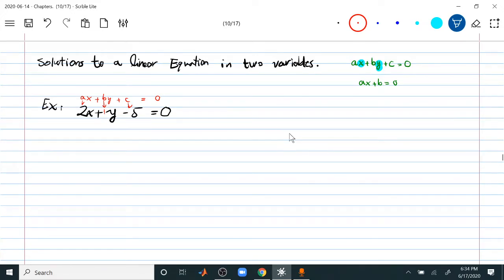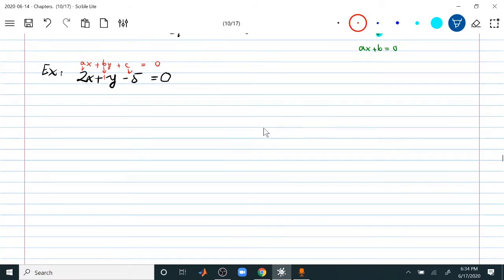Now the question is, how do we solve this? And the answer is not that simple, because you have multiple solutions. And what are the solutions? The question is what x and y satisfy that equation.